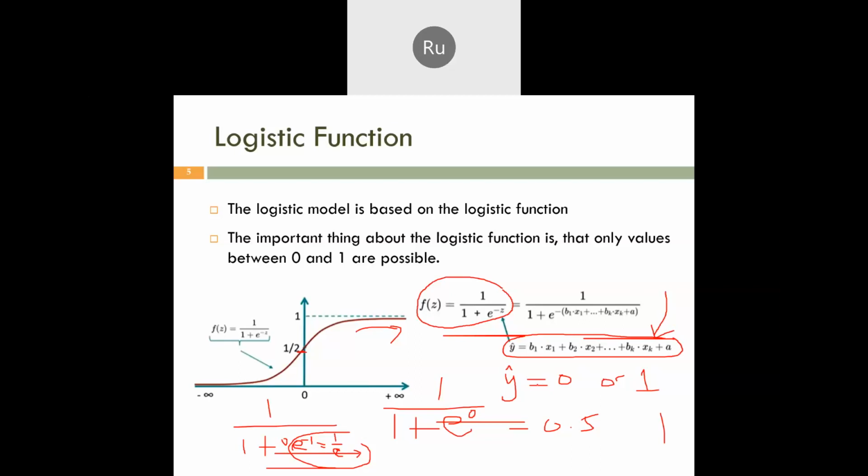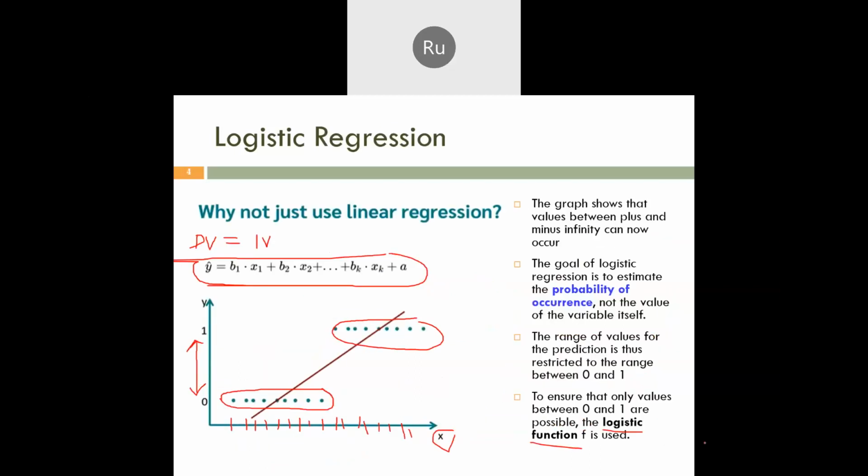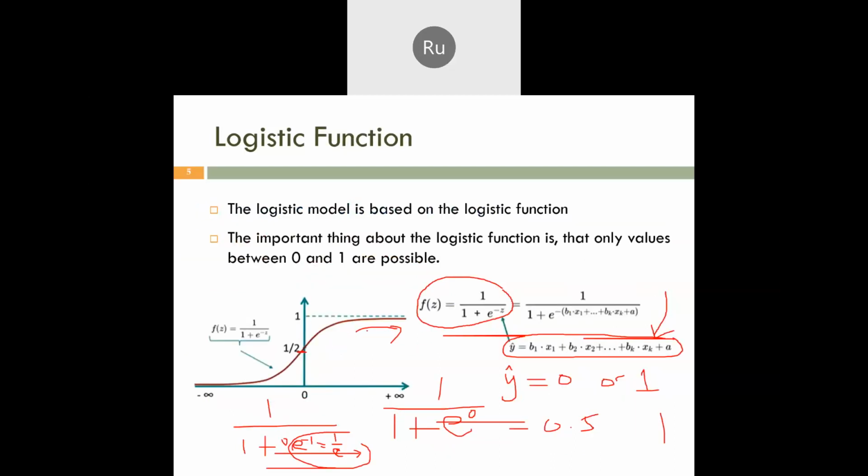What we need is to use the logistic function to have this situation, where we look at the probability of occurrence of that particular dependent variable from 0 to 1.